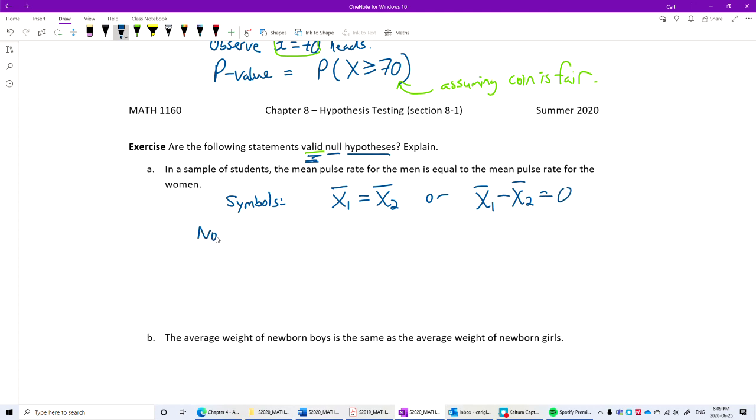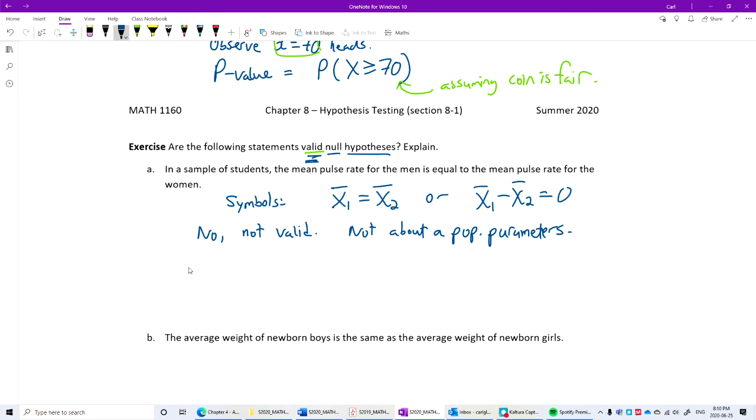But no, it's not valid. Why not? Because it's not about a parameter. It's about a sample statistic, not a population parameter. Hypotheses are always about the population parameter.